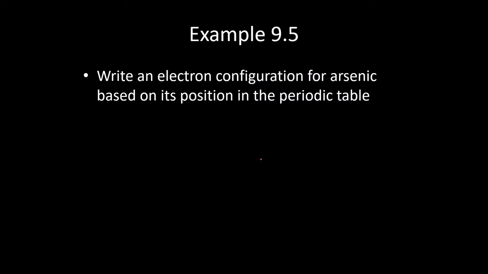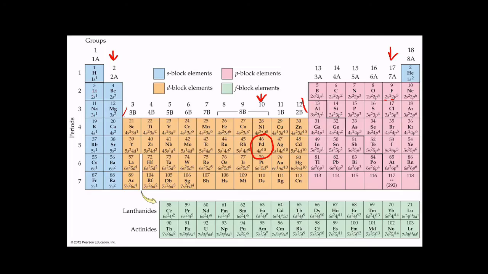All right. Real quickly here, I think, yes, this is the last one we're going to do here for this video. We're going to use the periodic table to write the electron configuration for arsenic based on its position. And the way we're going to do this is we are going to notice that on the periodic table here, the periods, so these are the rows, I guess you could say.